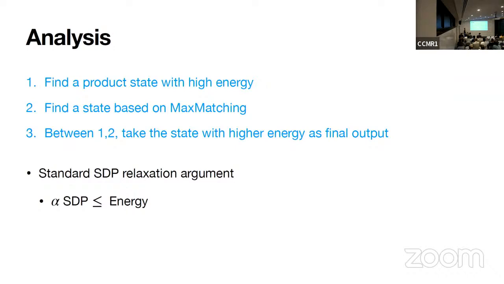So that is the algorithm. We use the standard SDP relaxation algorithm, which is that at the end we want to prove that the energy output by the state the algorithm outputs has at least alpha times SDP energy, the SDP objective value, where alpha is some constant.